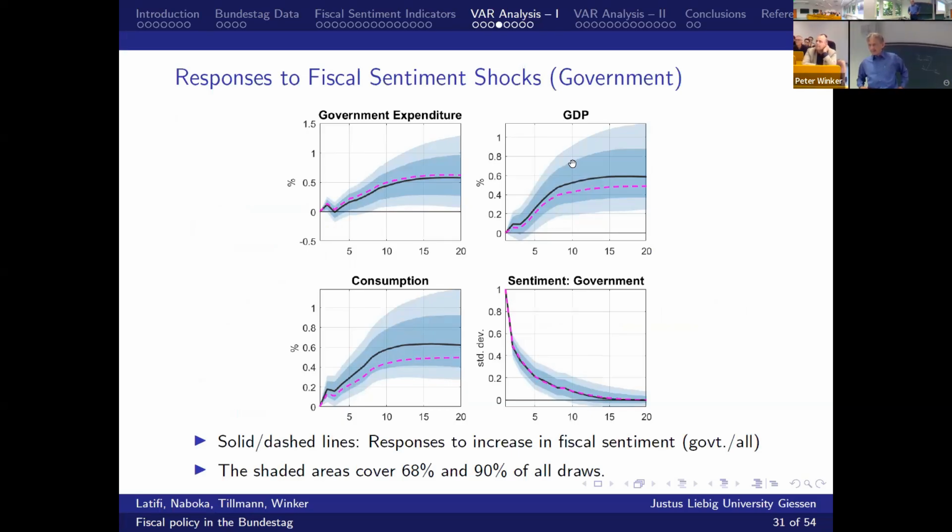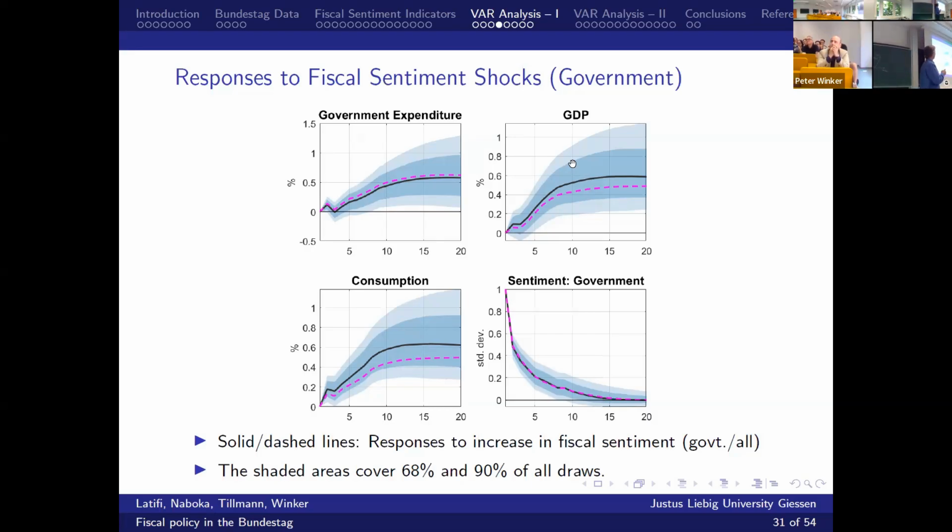This now shows the responses to an increase in fiscal sentiment. The solid line is the reaction to government, and the dashed line is responding to the whole parliament, just to see whether it makes a difference. We see here for consumption, for example, it makes a quantitative difference, but qualitatively it doesn't make so much of a difference between the two.